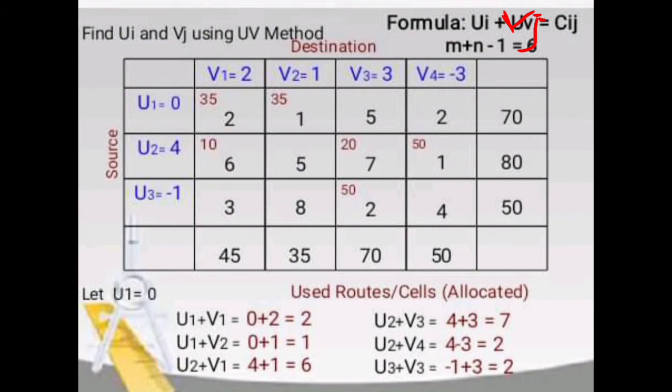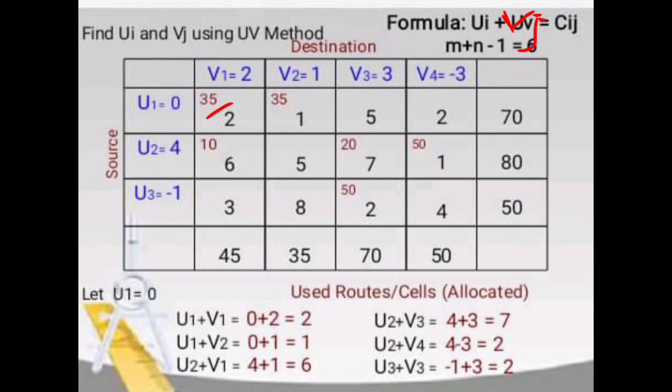And then in order to find the U1, U2, U3, V1, V2, V3, V4, we will find it by using these allocated cells. First, we let U1 equal 0. So we have U1 here, 0. And then V1, how did we find this V1?